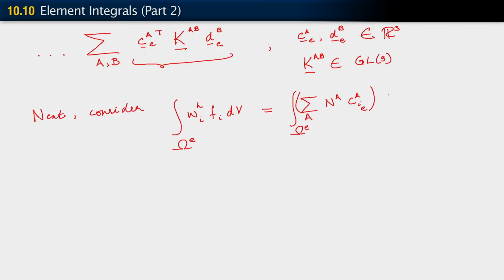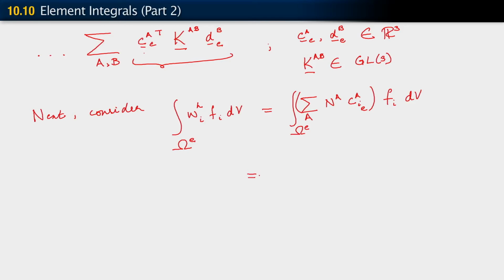This is multiplying F i, and there's a sum implied over the i, dV. Using our usual tricks, and here I will take the liberty of skipping several steps at once, and still hope to get it right.